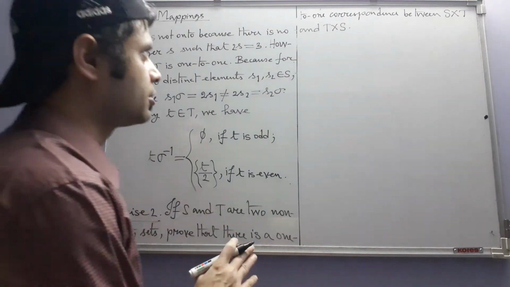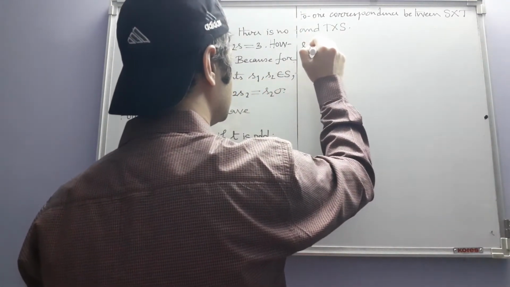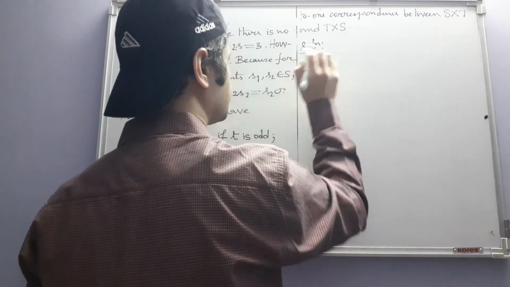So we have to show that such a mapping or a function exists between these two Cartesian products.